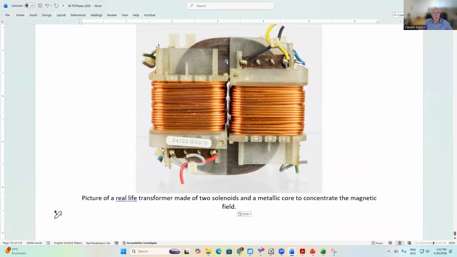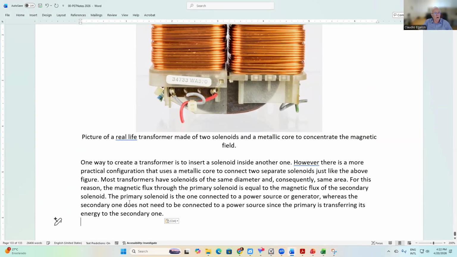When you concentrate the magnetic field, the magnetic flux through the solenoid is exactly equal to the magnetic flux of this other solenoid, because those two solenoids have the same dimension. Let's summarize what we covered. In words, one way to create a transformer is to insert a solenoid inside another one.